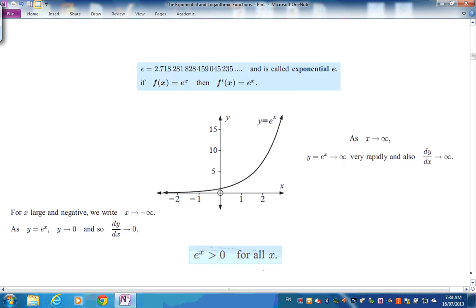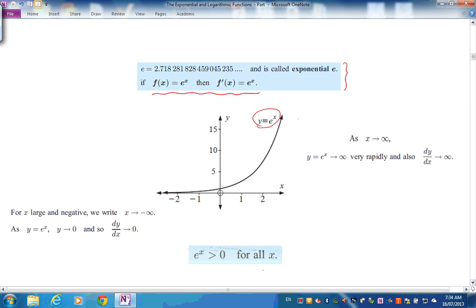So here we've drawn it now, and just summarising it, it's called the base of the exponential function, the base of such groups of functions. And here's our result now. The derivative of e to the x is itself. So how would it plot?